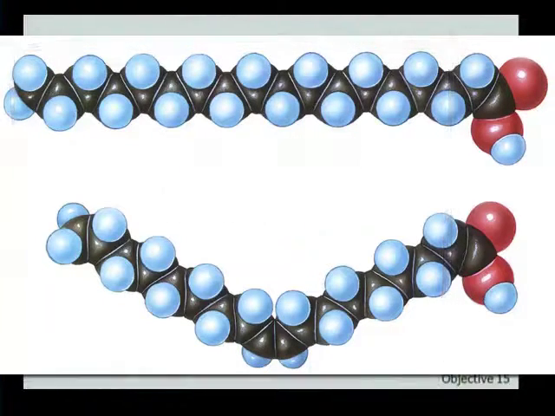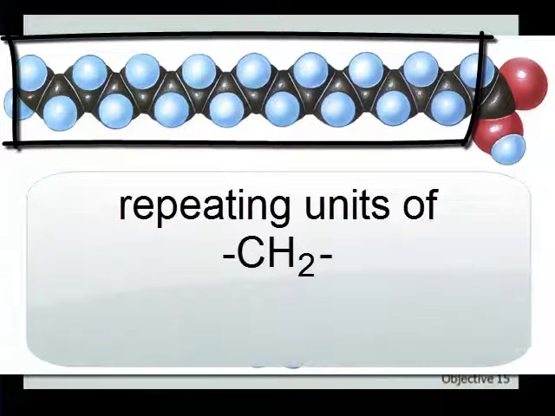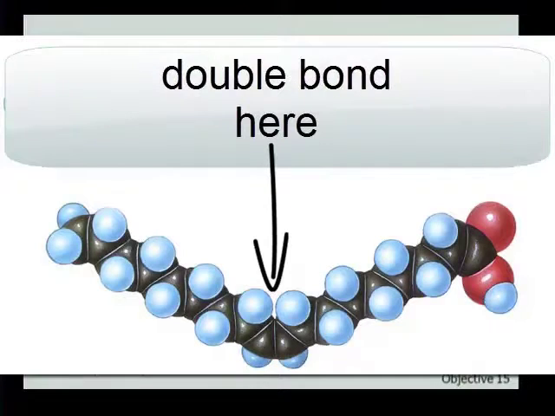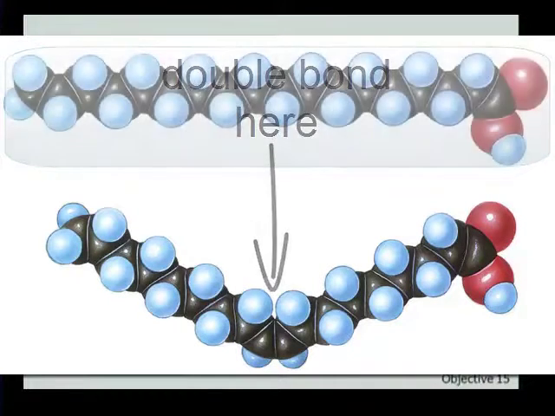There's a couple of different ways that we can have these fatty acid chains. We can have simply CH2, CH2, CH2, CH2 repeated over and over again. That's what we see in this top molecule. Or we can occasionally break up that tedium with an occasional double bond. When that happens, we call these unsaturated.